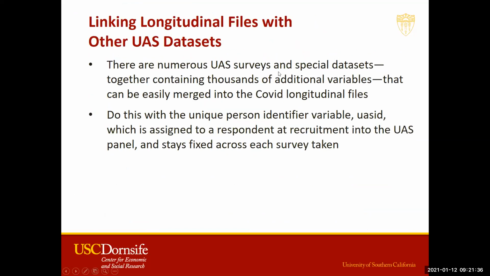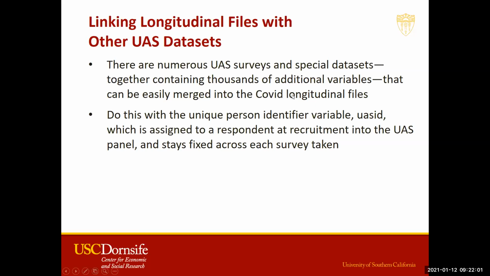And so in the UAS, there are a number of UAS surveys. As I said at the beginning, well, I didn't say it, but it's in one of those slides. There are over 300 UAS surveys and then a number of special data sets, together containing thousands of additional variables. And these can be easily merged into the COVID longitudinal file.